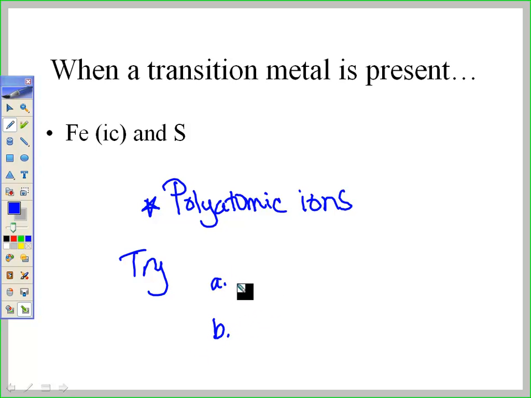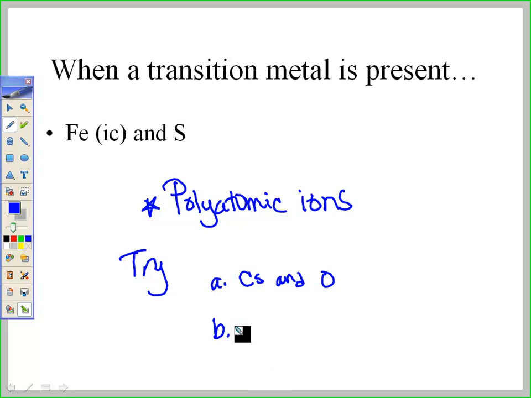The first one I want you to try is cesium and oxygen.